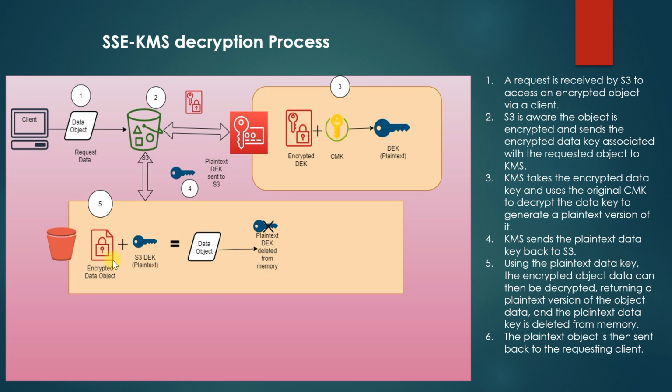Once we come to S3, our encrypted data object will be decrypted with the help of the plain text data encryption key, and we get the data object. And again, the plain text version of the data encryption key will be deleted from the memory. Once we have the plain text data object, it will be sent to the client from S3.